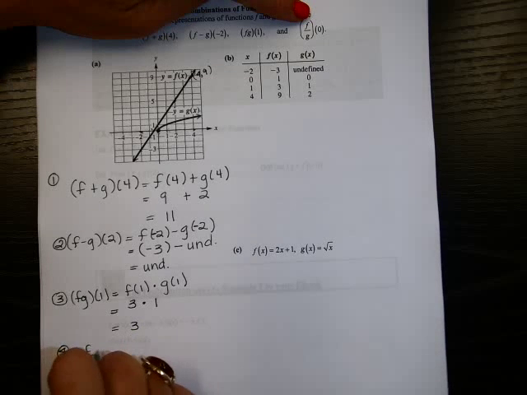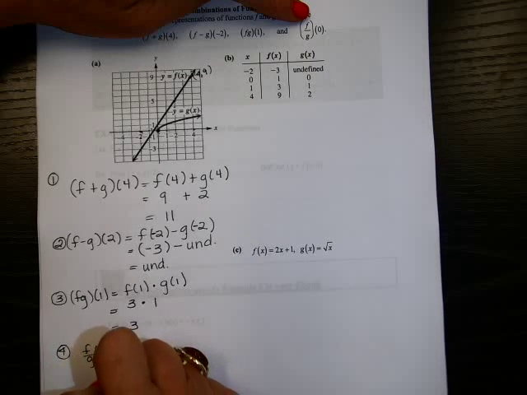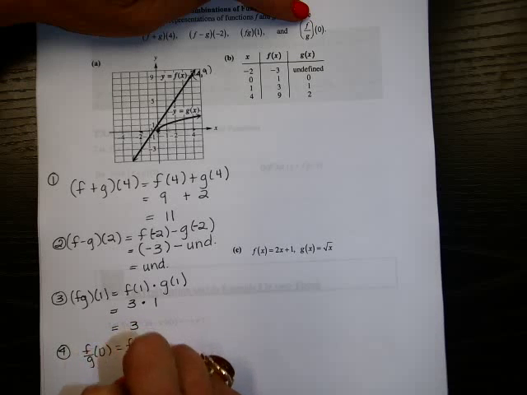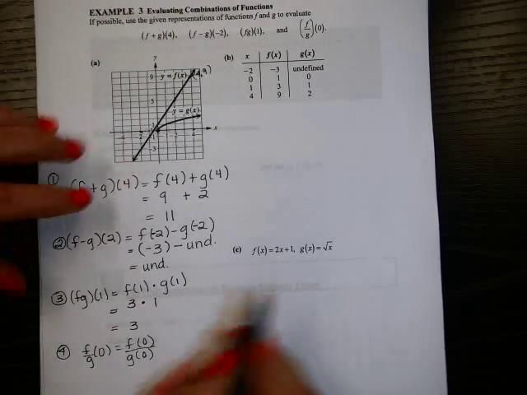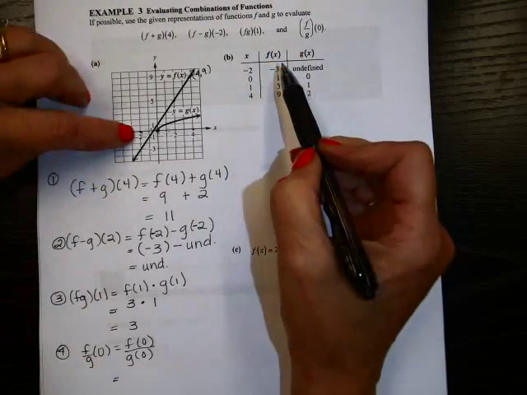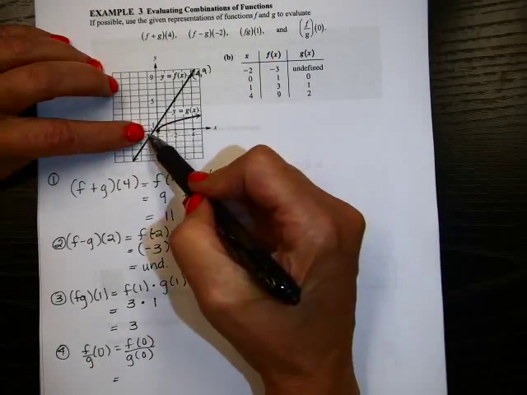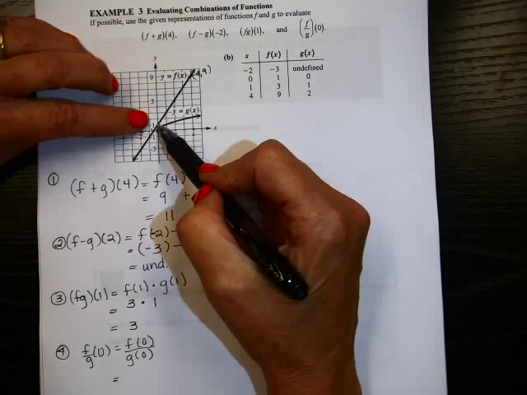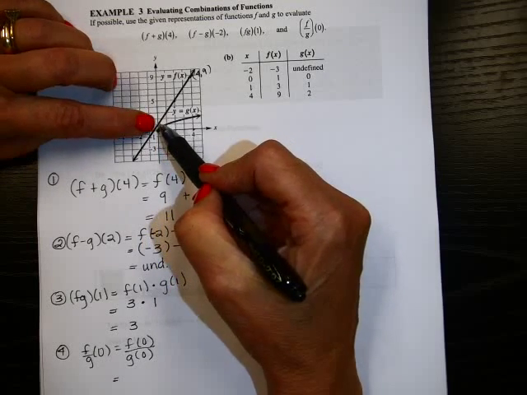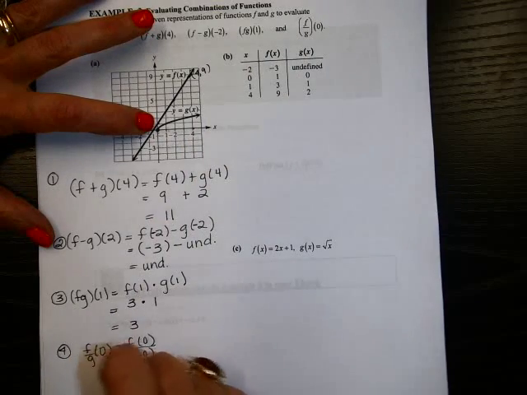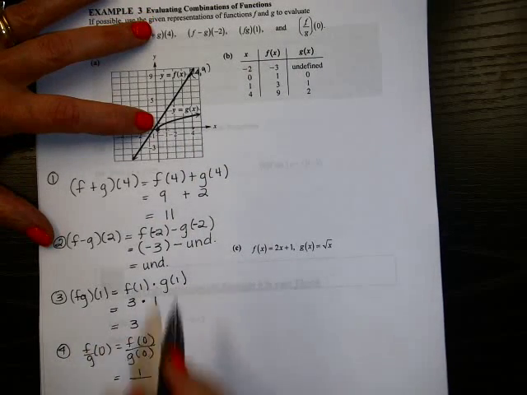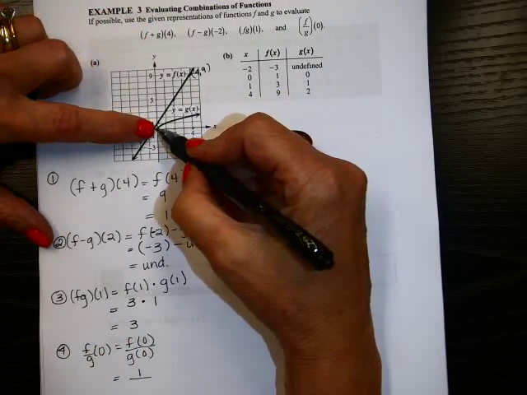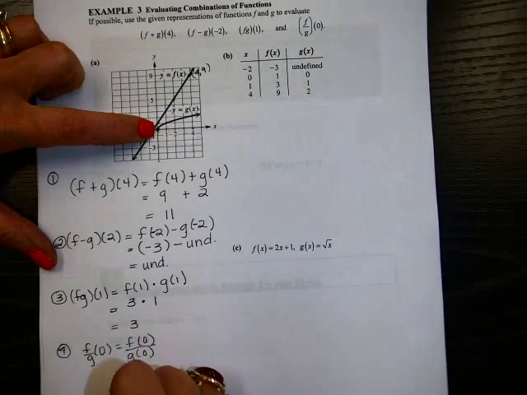F over g of 0 means f of 0 divided by g of 0. So we go to f of 0 where x is 0, f's function y is 1, over g of 0, when x is 0, y is 0 for g.